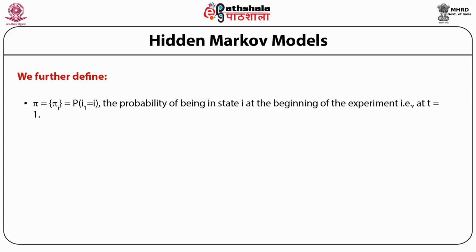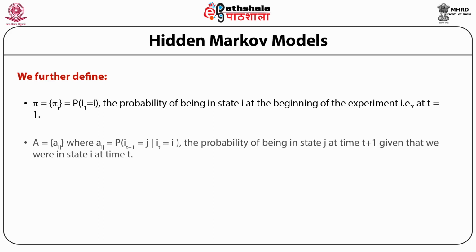And I defined transition probabilities a_ij, which is the probability that, given state i at the t-th step, I will move to state j at step t+1.